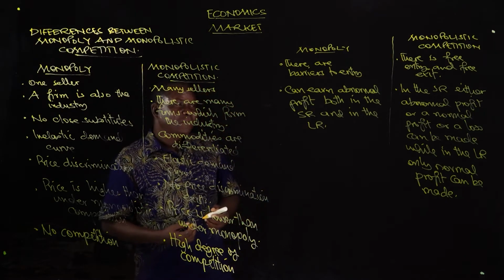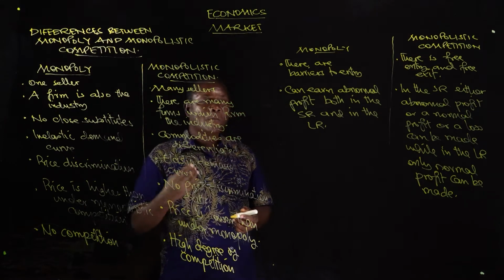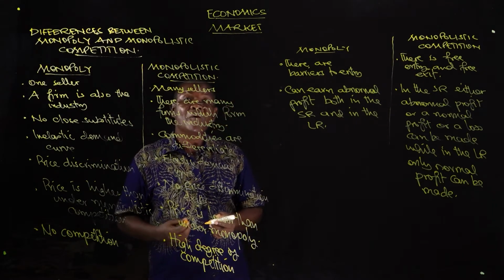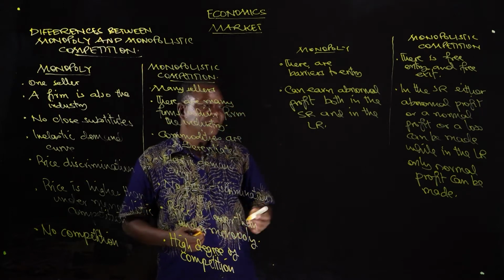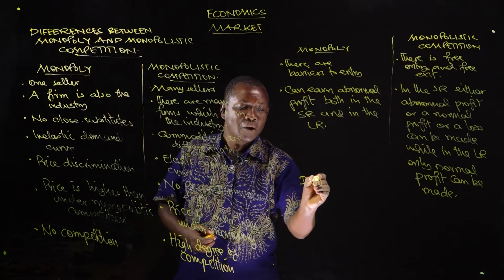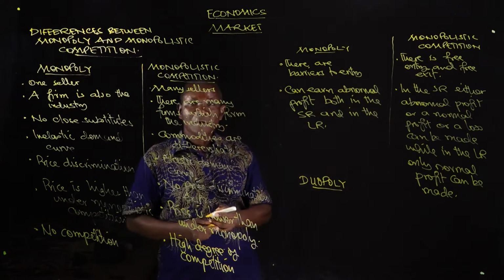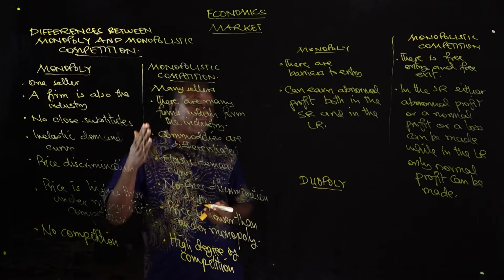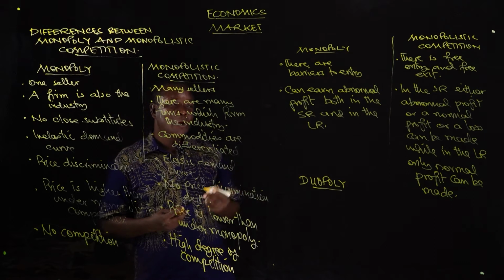My dear students, after having seen all about monopolistic competition, we need to know other market structures which fall under imperfect market structure. To start with, it is another market structure called duopoly. We said that in imperfect market structures, we have monopoly, monopolistic competition, duopoly, and oligopoly.